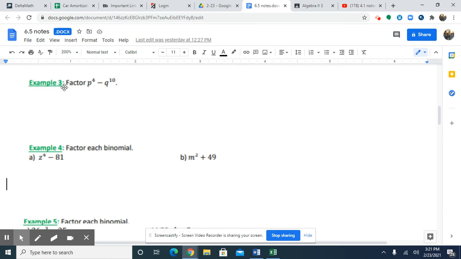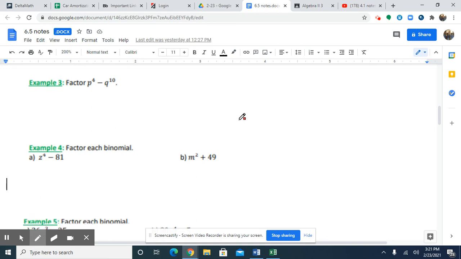Now, when we have examples like 3 here, we have p to the power of 4 minus q to the power of 10. Now, this one's a little unique because we don't exactly have a square here. But if you remember our laws of exponents, whenever we separate exponents by a parentheses, we are multiplying.